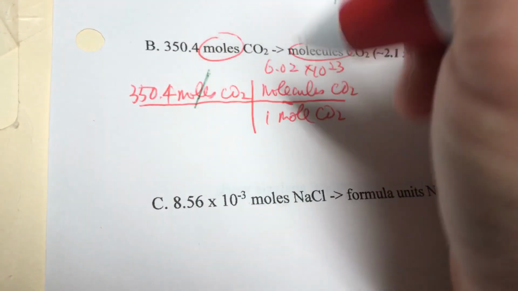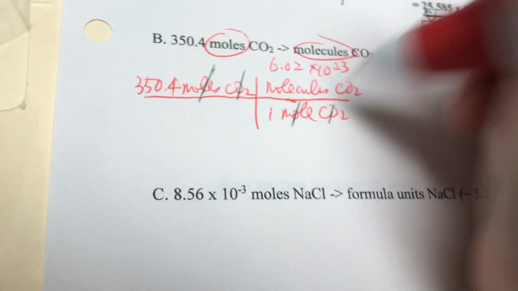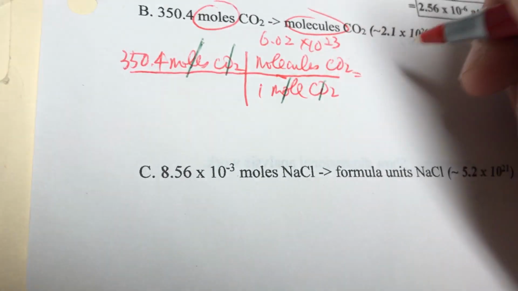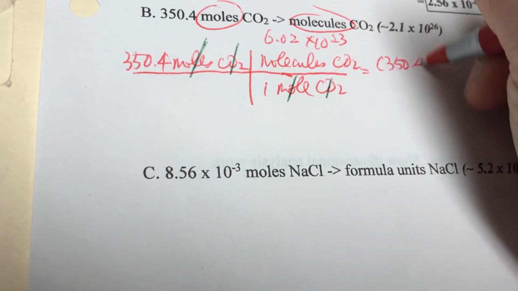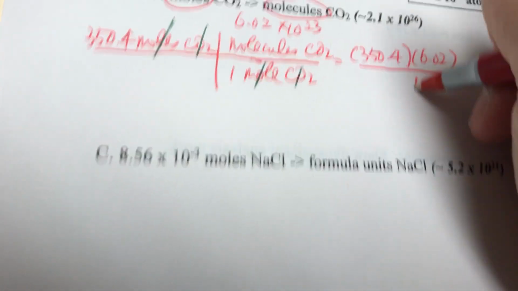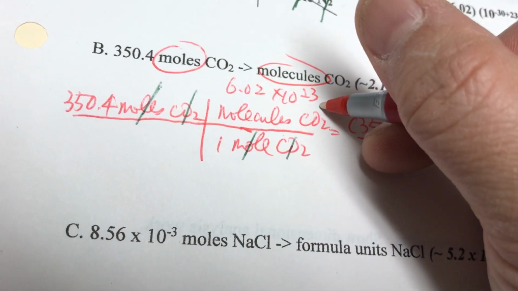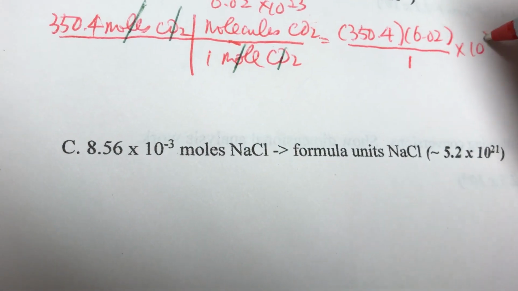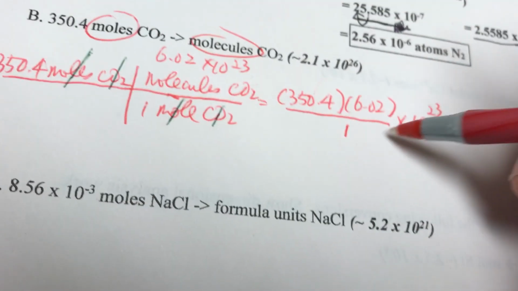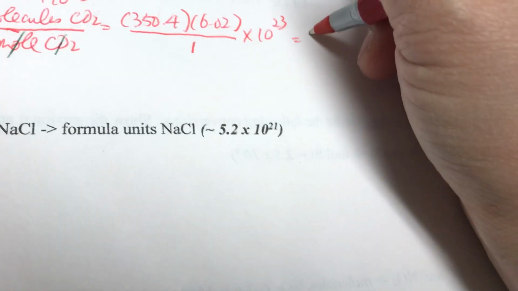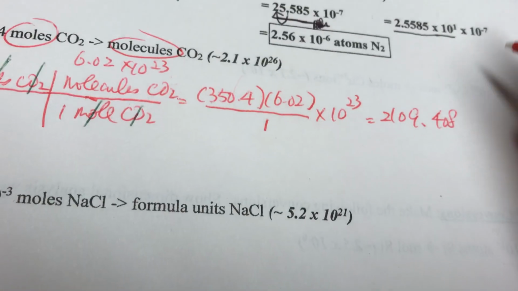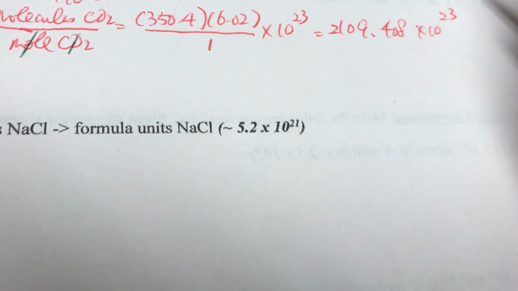Mole cancels, CO2 cancels, and I have molecule CO2 left over, which is exactly what I want. I'm going to write it out: 350.4 times the number 6.02 over 1, and then I still have the exponent on the side, times 10 to the power 23. So you take the numbers separately from the exponent. You calculate this numbers part, and you will get 2109.408 times 10 to the power 23.